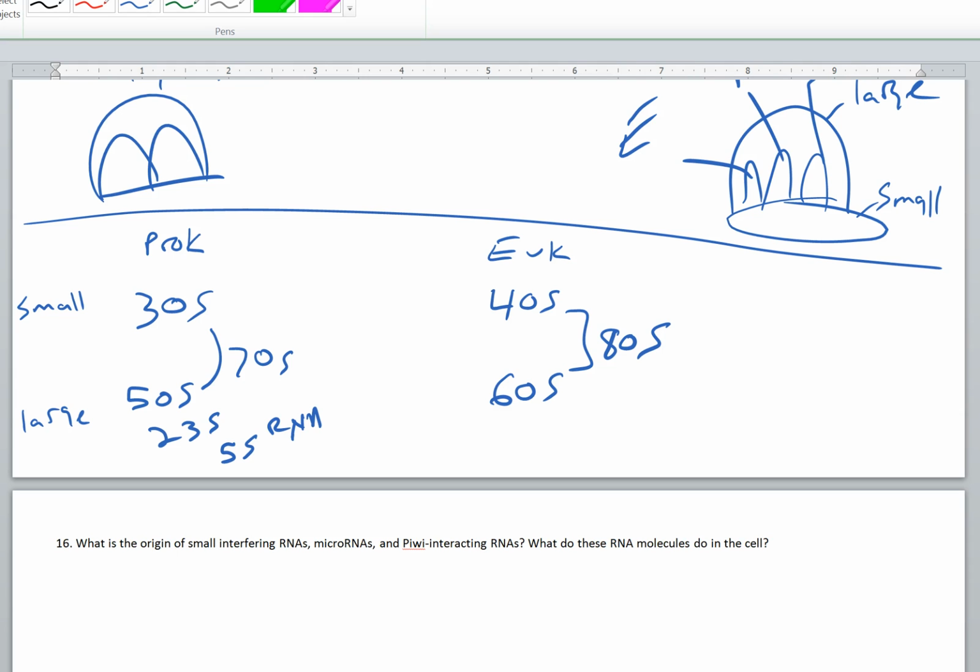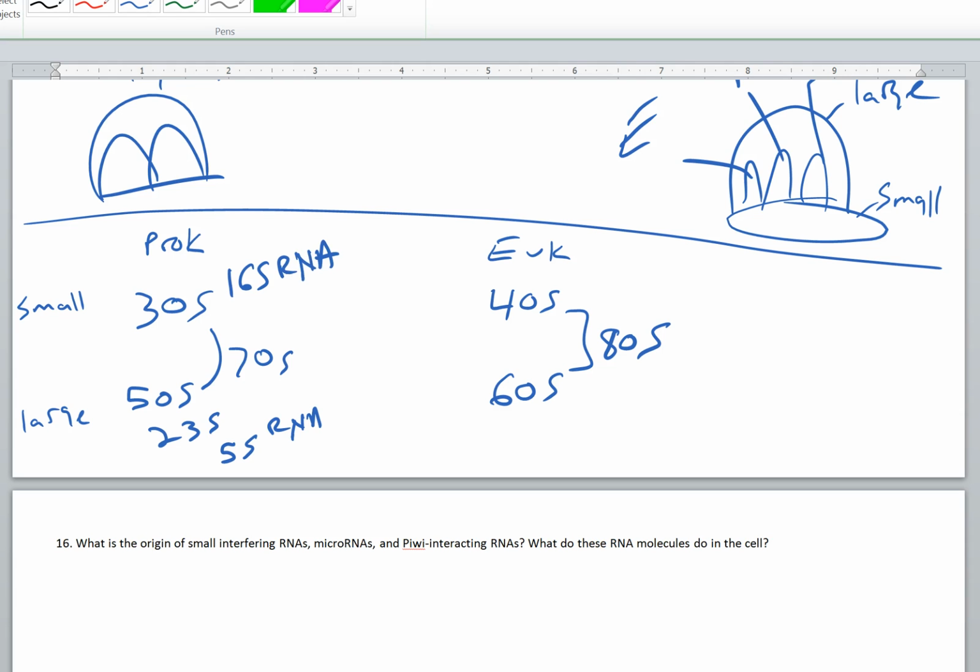That's in the large. And in the small, let's see, what does the small have? The small has the 16S RNA.